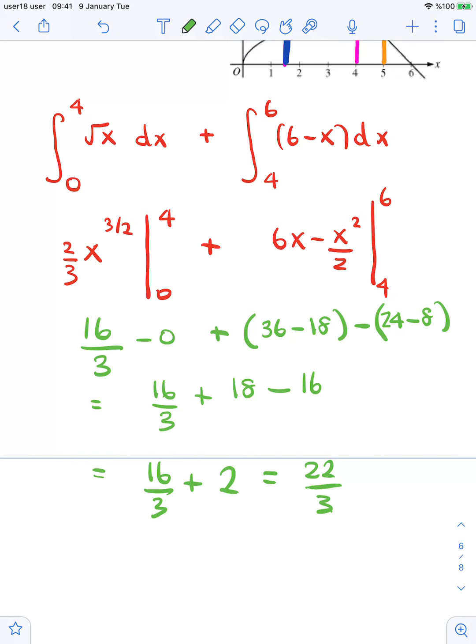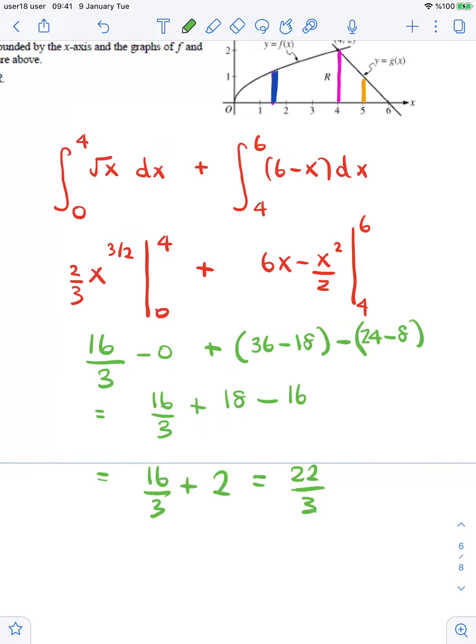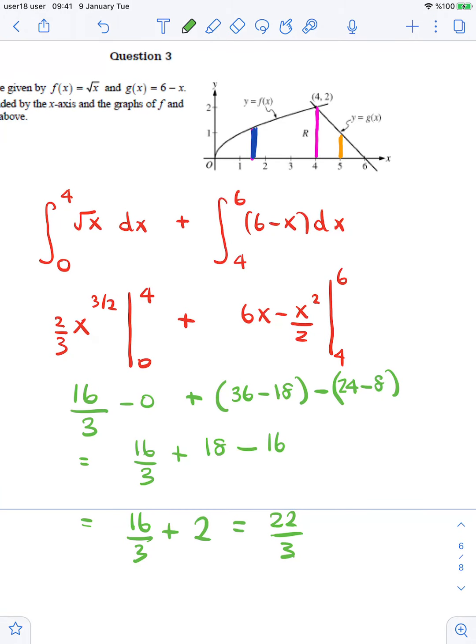One small point before we finish this is that the second part of this integral, when you were finding this area here, yes, this area corresponds to that integral there.